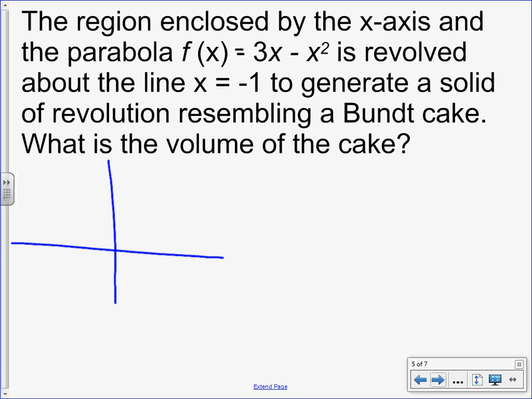At 0, 3. Our vertex would be at 1.5, right? In between, 1.5, what? 3 halves, when you plug in 3 halves. 9/4?